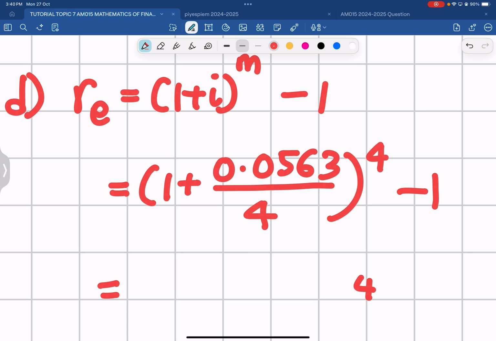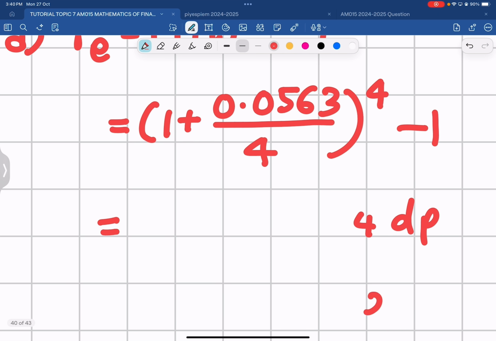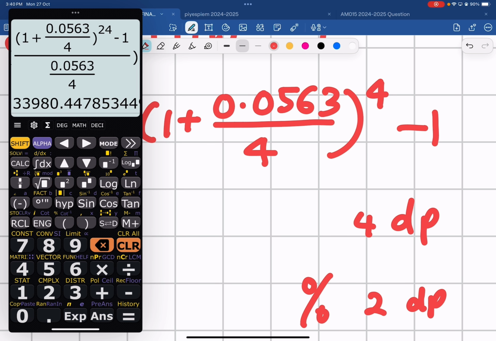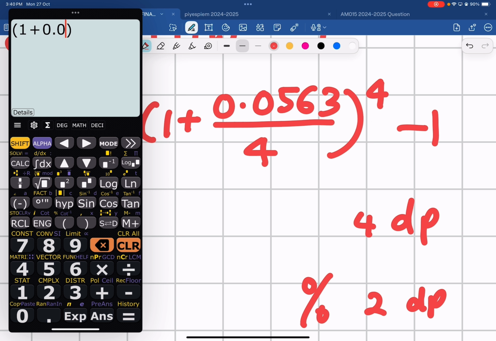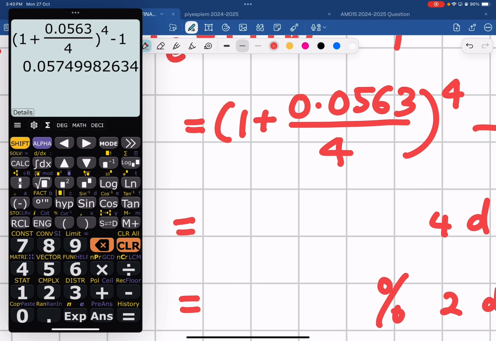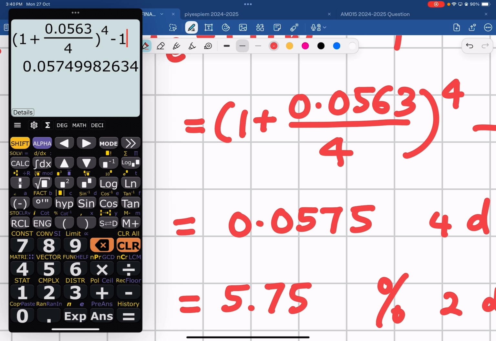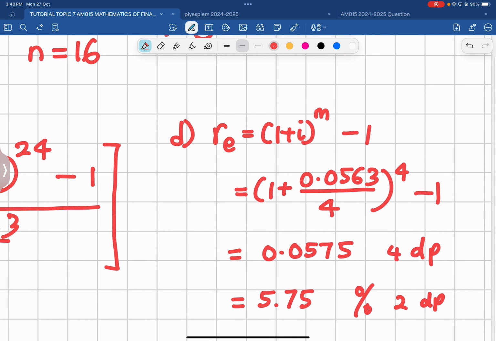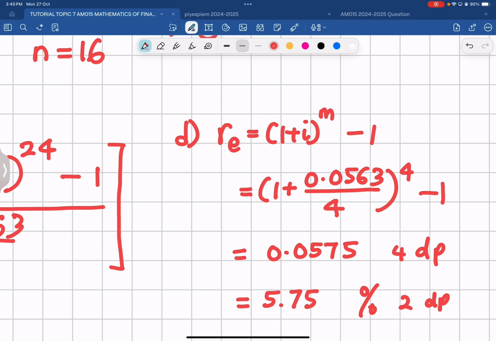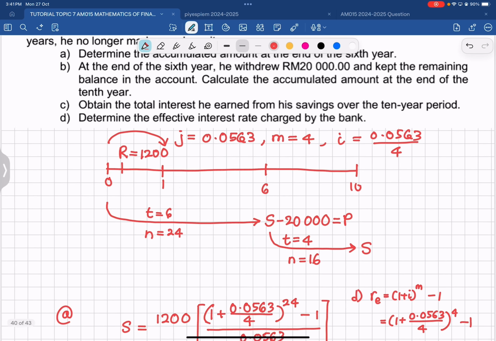Four decimal places first, then later 2 decimal places in percentage. So 4 decimal places, 0.0575. In 2 decimal places, percentage, 5.75%. This is tutorial 7.